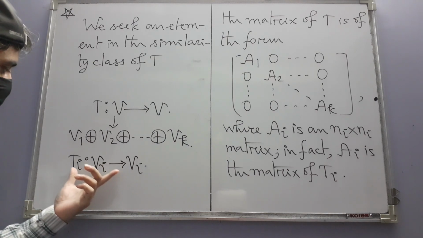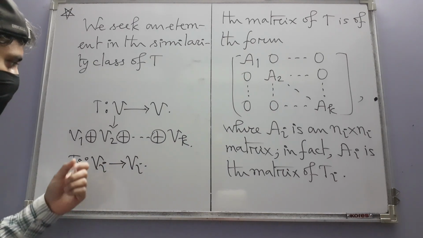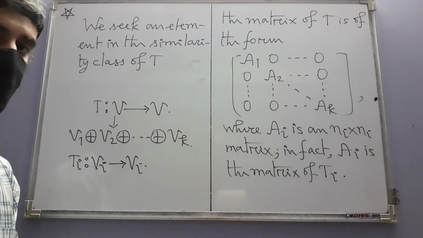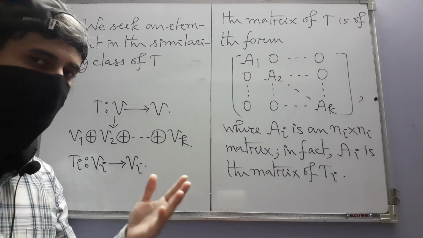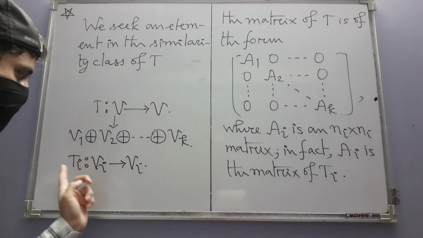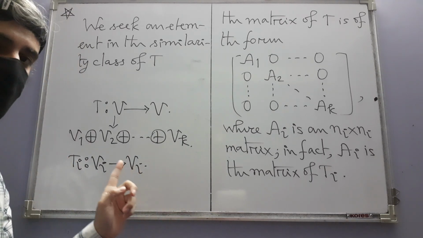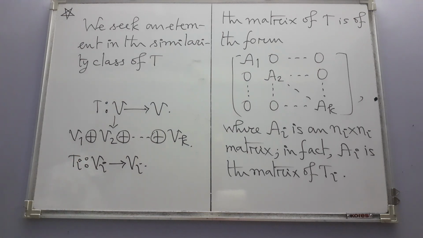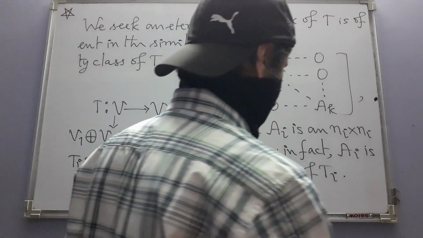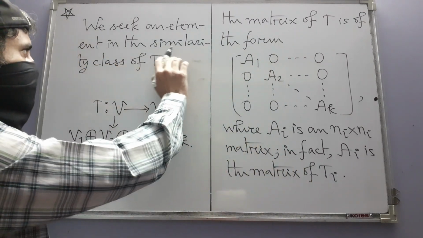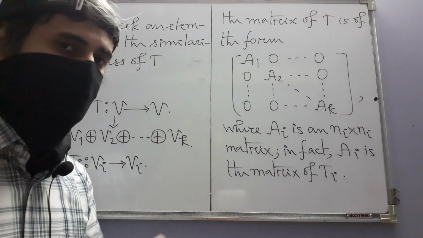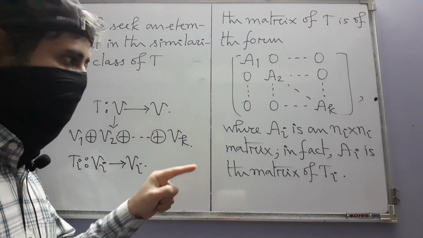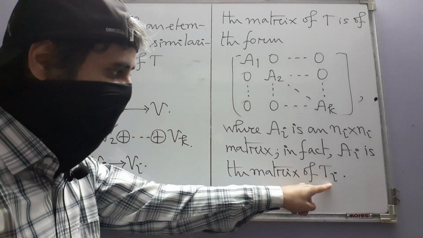So if you have done the job for each Ti, obviously you are going to know what T is and what the characteristic roots and characteristic vectors of T are, if you combine all the characteristic roots and corresponding characteristic vectors for Ti. So that is why the job of finding a suitable element in the similarity class of T has been reduced, has been simplified to finding that same thing for these Ti's.